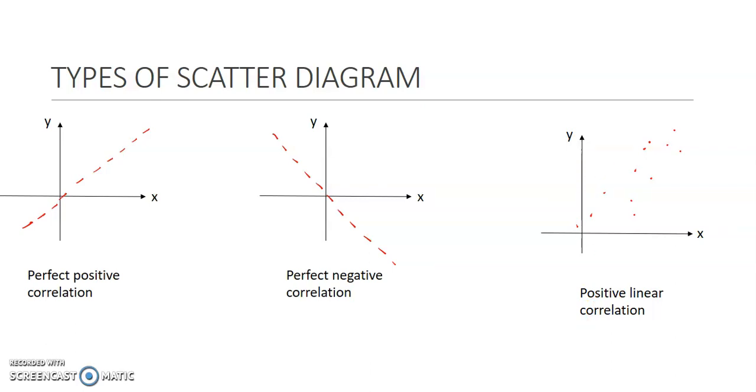Because the pattern here is increasing, but not increasing perfectly like this, but it still increases. Nampak macam menaik kan dia punya pattern tu. So this one is positive linear correlation, positive linear relationship.